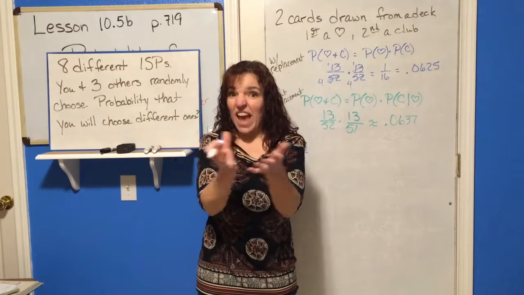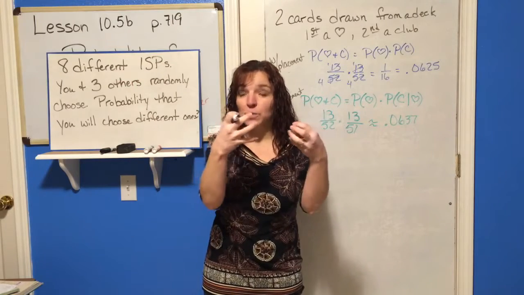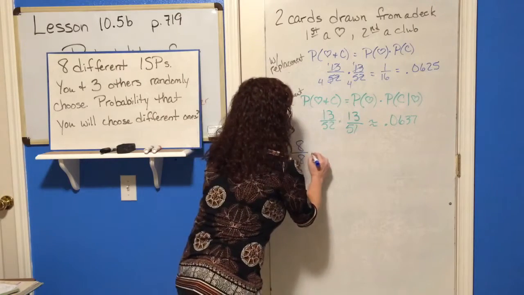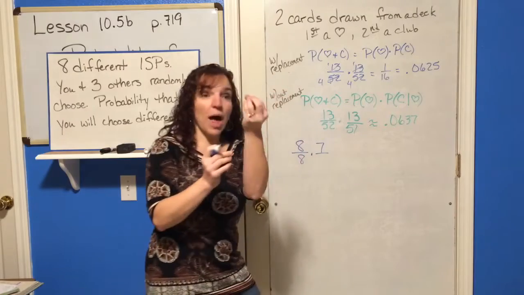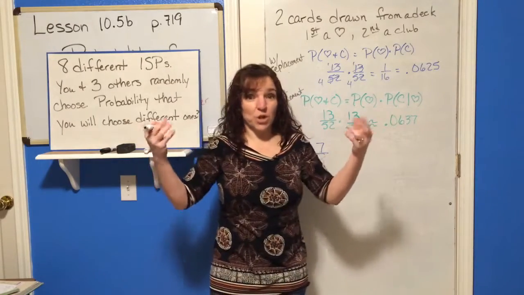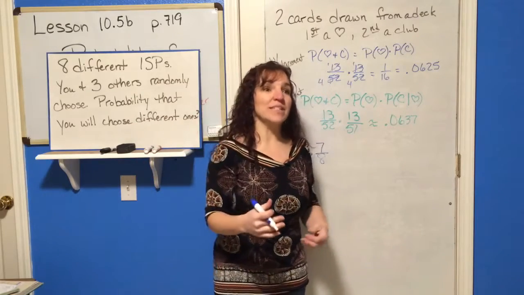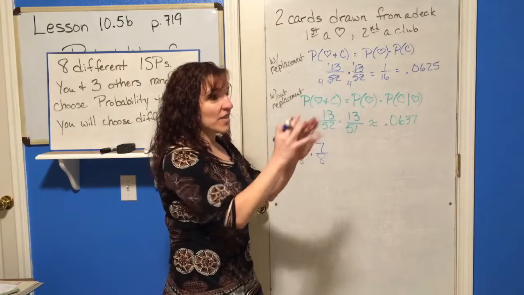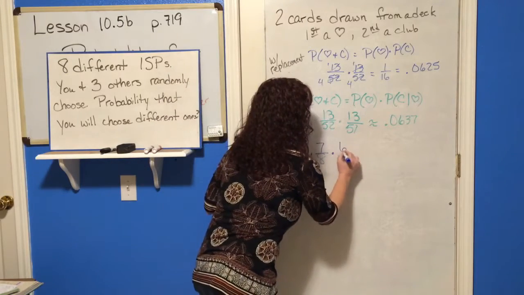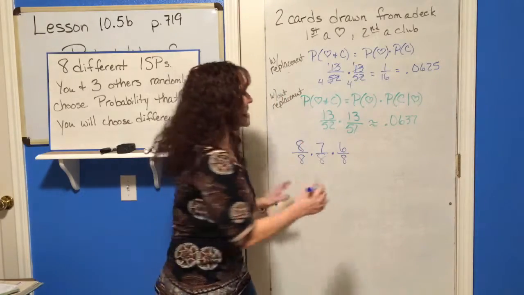You still have 8 that you're choosing from, but only 7 of those are actually favorable options. Then the next person comes in and they still have the 8 to choose from, but only 6 of those will be different from the others. And the same happens again.